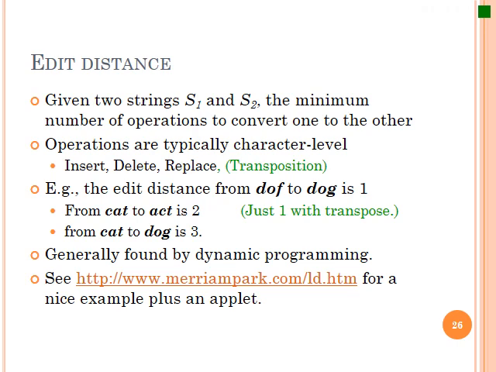So basically what it means is that given one word, right, you can insert another character, you can delete one of the characters already in the word, or you can replace a character with another character. Okay, so for example, if you have 2 words, the first word is DOF, and your second word is DOG. Okay, and the edit distance is 1.